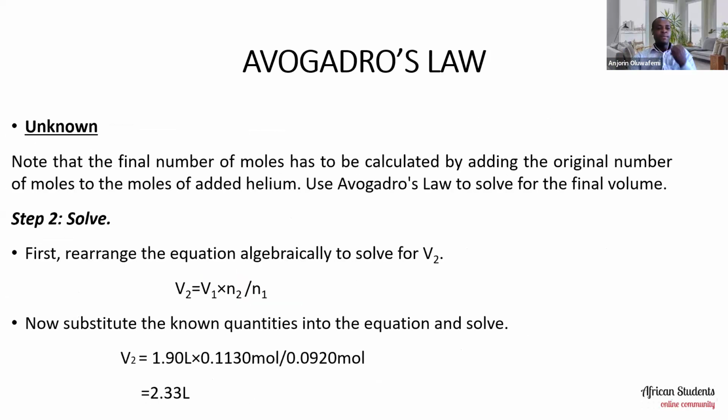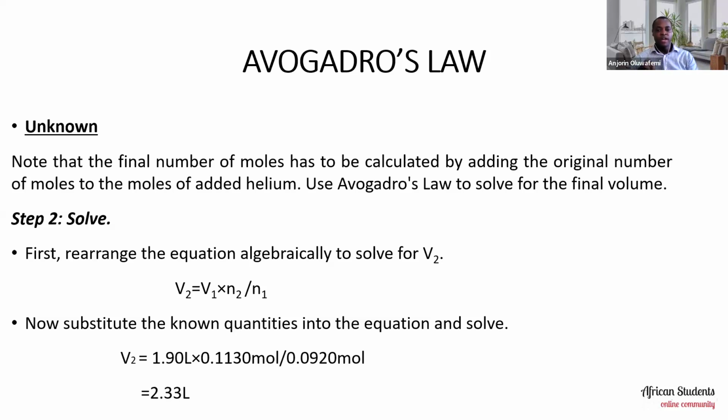So having established the known, let's look at the unknown. Note that the final number of moles has to be calculated by adding the original number of moles to the moles of added helium. Now we can use Avogadro's law to solve for the final volume. The first thing is that we need to rearrange the equation algebraically to solve for V2. So when you make V2 the subject of the formula, you end up having V2 equals V1 multiplied by N2 over N1.